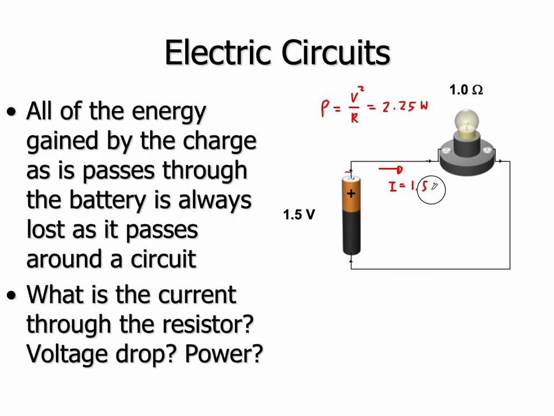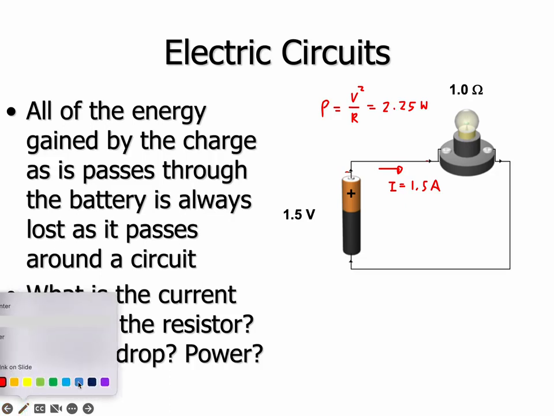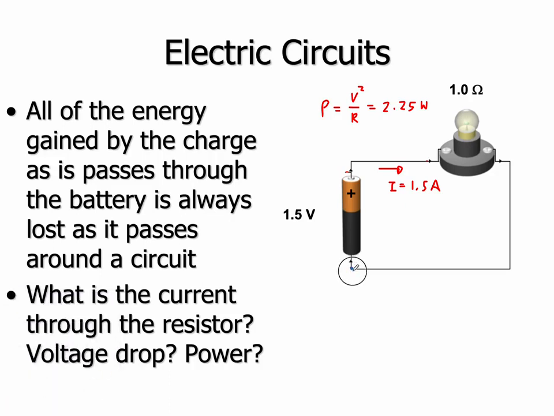Oops, forgot my unit. But then voltage drop, we've never talked about yet, but I just want to give you a quick hint. Normally we put the 0 point by the negative terminal of the battery. The battery increases the electrical potential by its rated amount, 1.5 volts. And what happens after it passes through the load? Well, it goes back down to 0 volts, all the way back around the circuit.